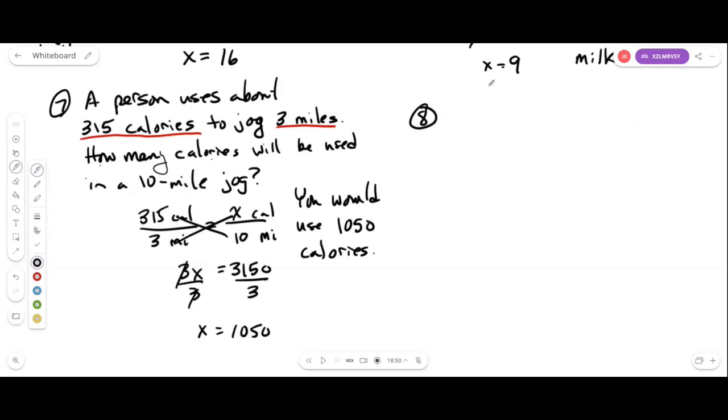Okay. This next one. An architect is planning a city parking lot.